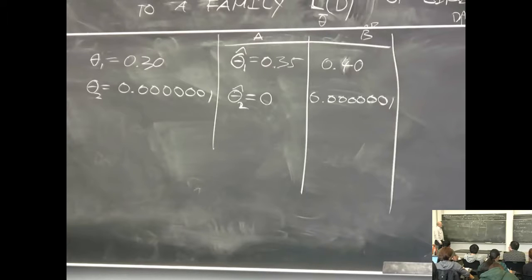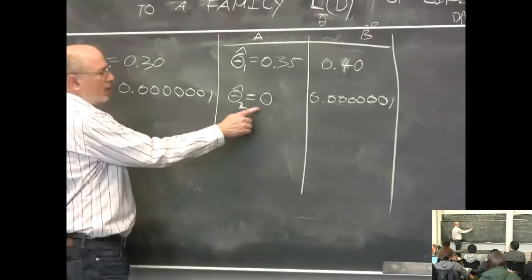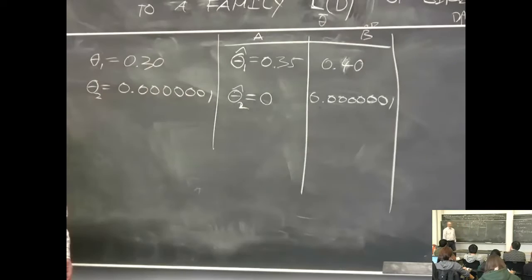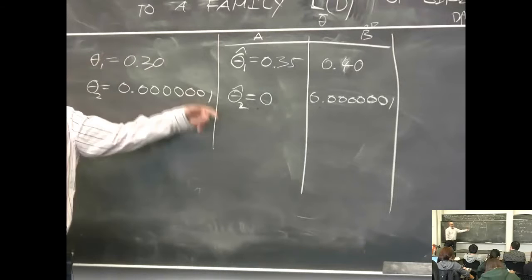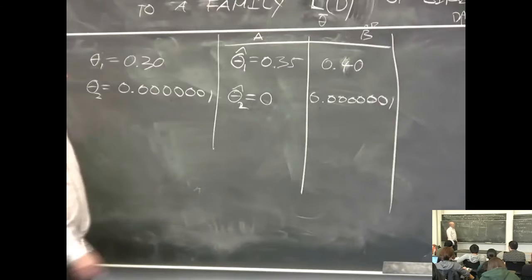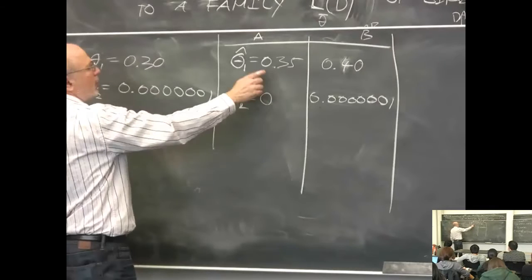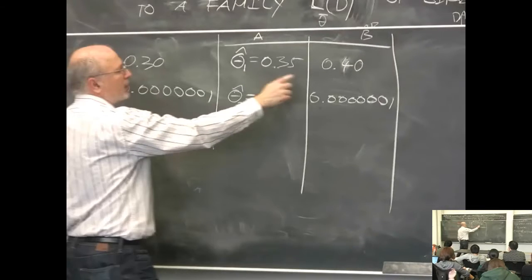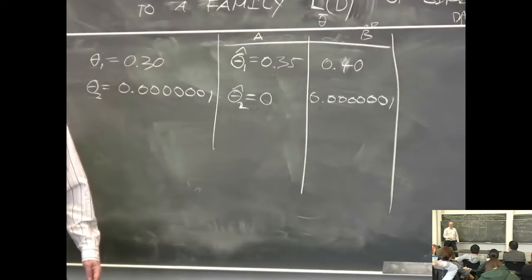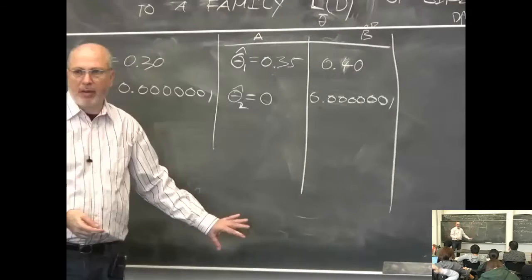So if you just did the mean squared error, the contribution of this minus this squared versus this minus this squared is negligible relative to what will come from here. Right? It's a very, very small contribution. Whereas the contribution here, this is 0.05 squared, and this is 0.1 squared. This is going to be much smaller.